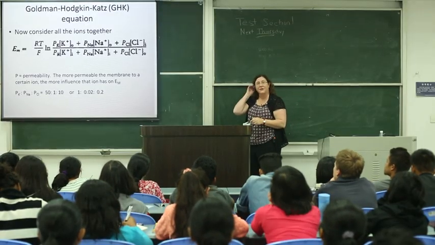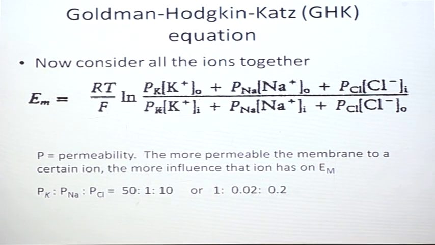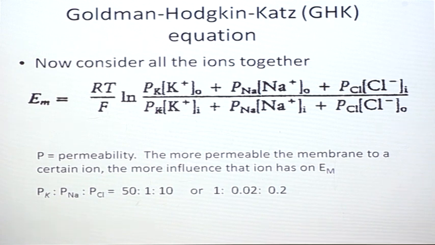Or if it's easier for you, you can bring them down and it's the same ratio, but much smaller numbers, okay? So you can say, well, okay, we're going to make the K a 1, we're going to make the sodium a 0.02, and make the chloride a 0.2, okay? Same numbers, just smaller. Makes it easier for you to deal with, okay?